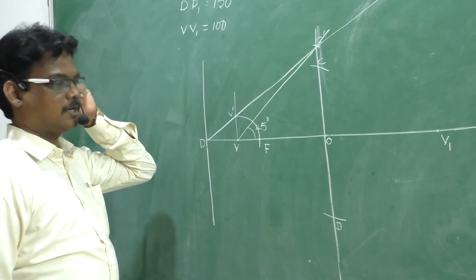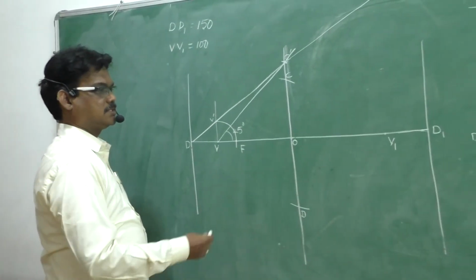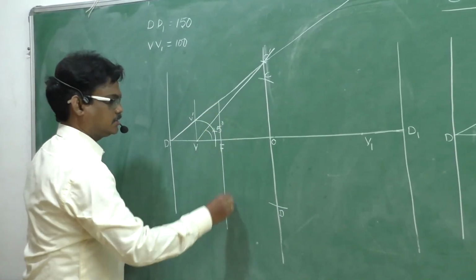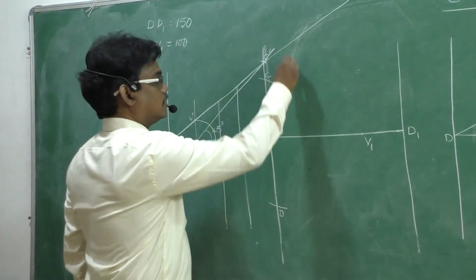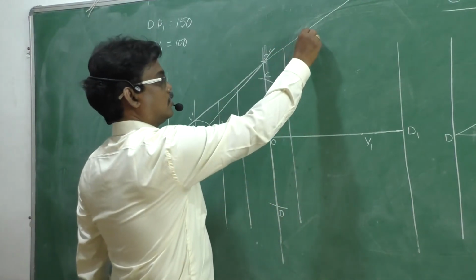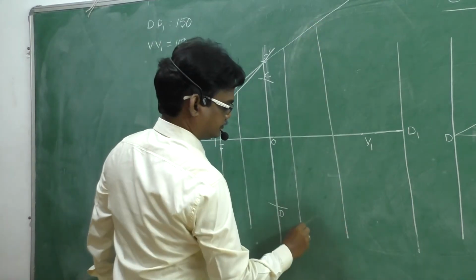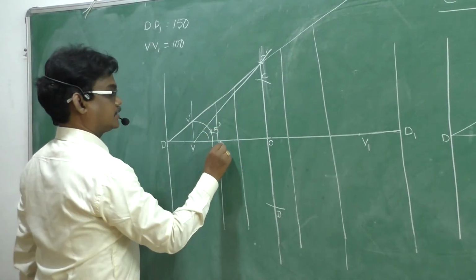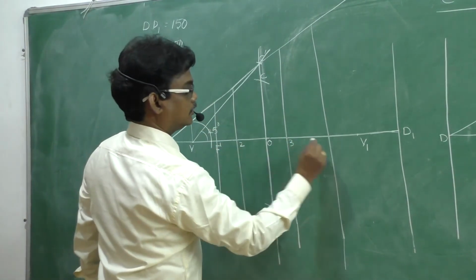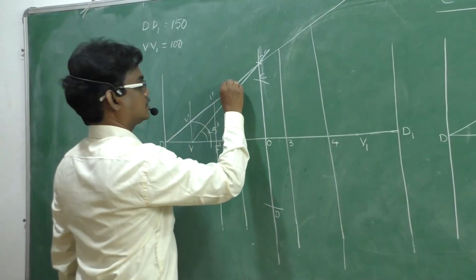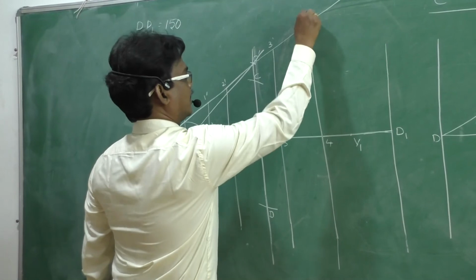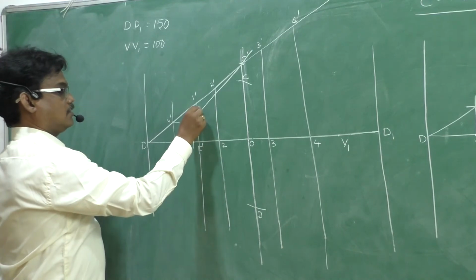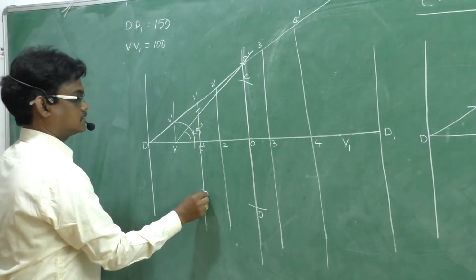Okay, and already 50% of this is similar to the eccentricity method. That is the reason we can consider vertical lines. Give the numbering as 1, 2, 3, 4, and here it is 1 dash, 2 dash, 3 dash, and 4 dash. Okay, 1 dash as radius, F as center, draw arcs on either side.